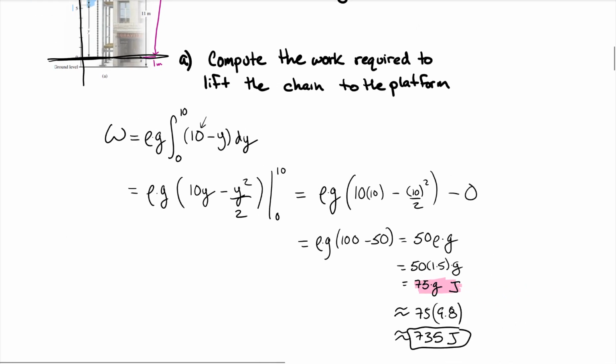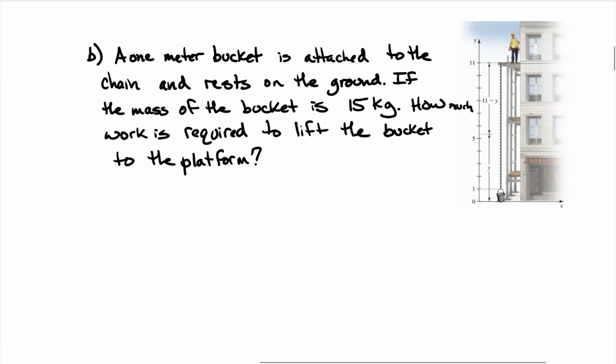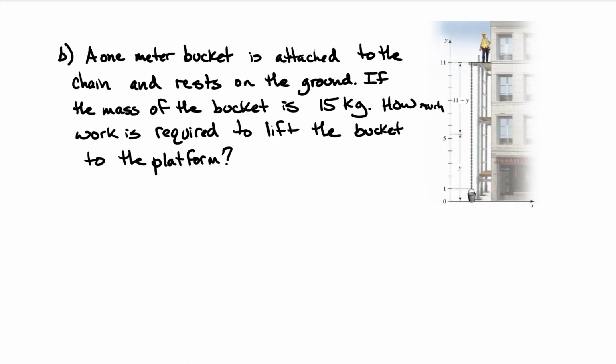Cool. Let's make note of this, because there's a part B to this problem as well. All right, now, same scenario. Dude's 11 meters above the ground, got a 10-meter chain, but now got a bucket that's 1 meter high.